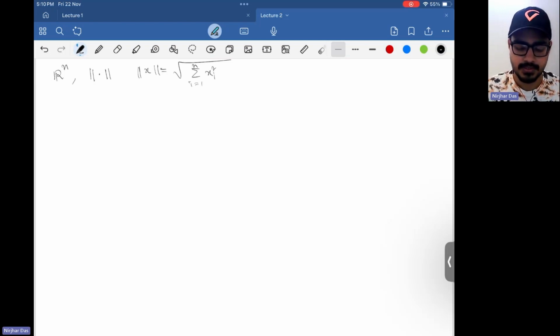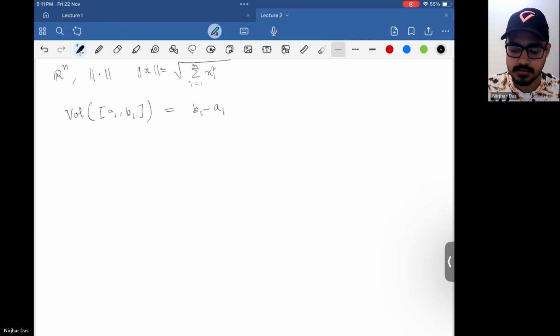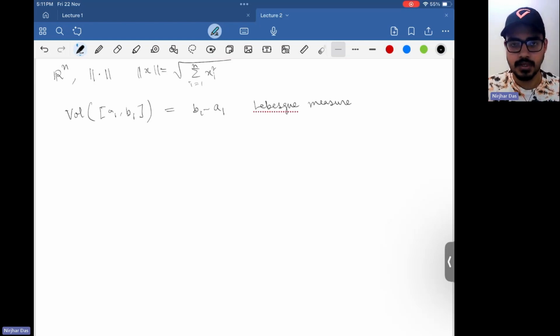So we will generalize the idea of volume from 1D and 2D. In one dimensional space, we have the volume of an interval [a1, b1]. This is nothing but the length of the interval, b1 minus a1. This is also called the Lebesgue measure of this interval. And we will extend this definition to higher dimension.